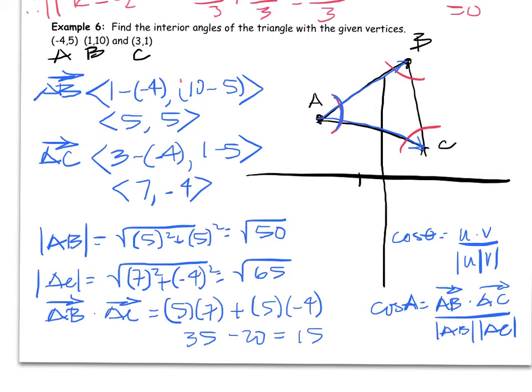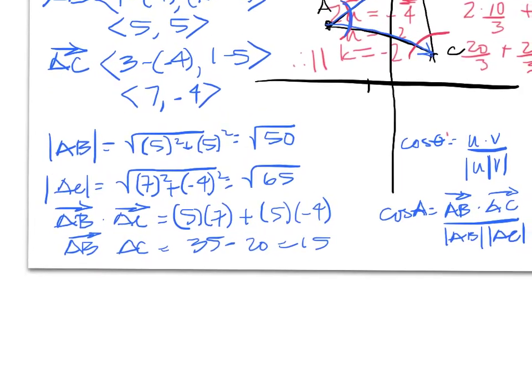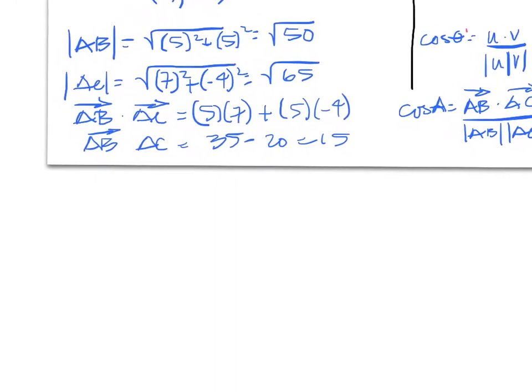So AB times AC is 15. Alrighty, so now what I'm going to do is plug all those values into this equation and find angle A.